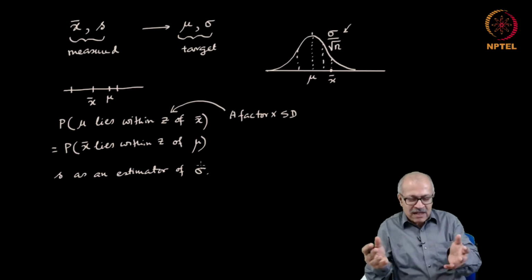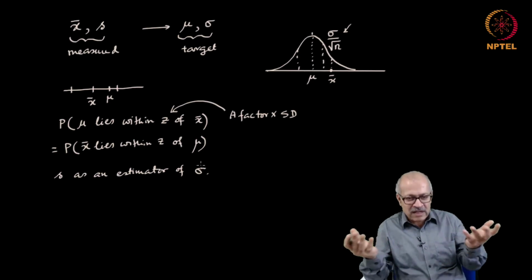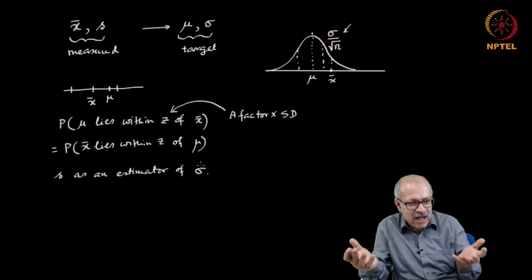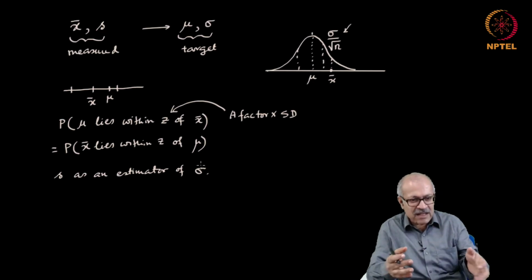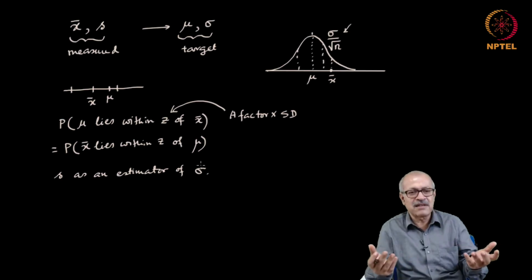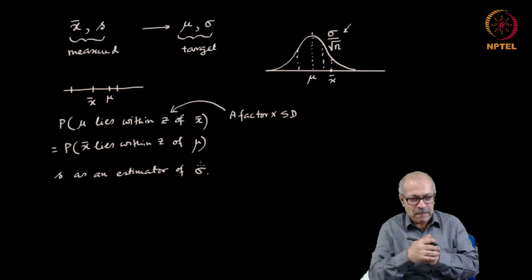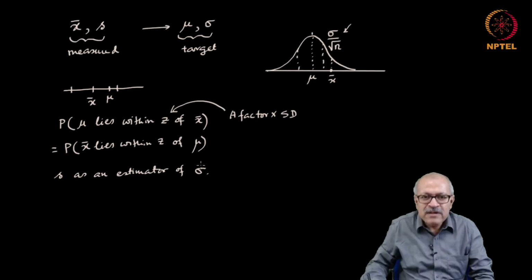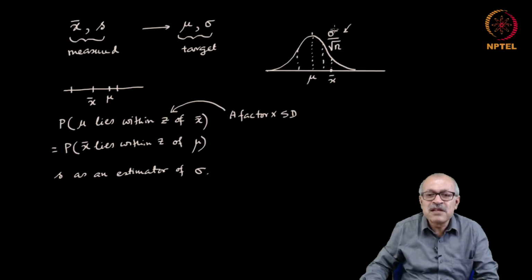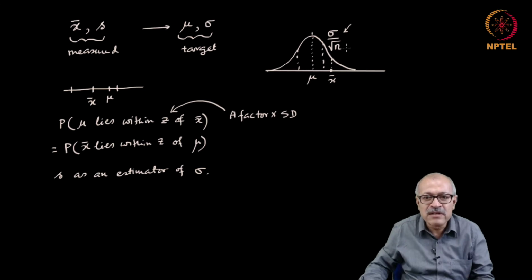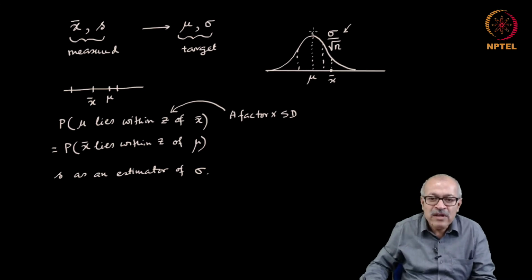But one thing is clear, that we cannot do anything otherwise. We do not have a handle on sigma, we only have s, and therefore, we have to use s as an estimator of sigma. So, we will substitute sigma by s, which is known, and n is known, and therefore, we have a handle on the standard deviation of this curve.